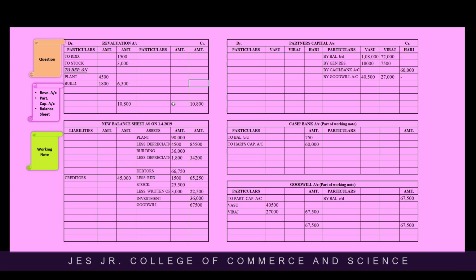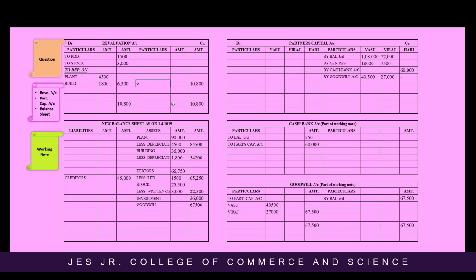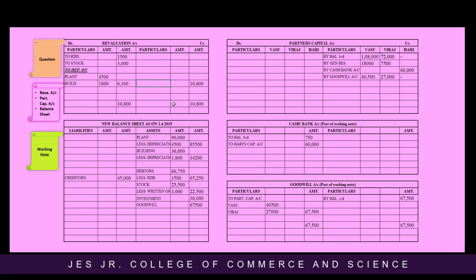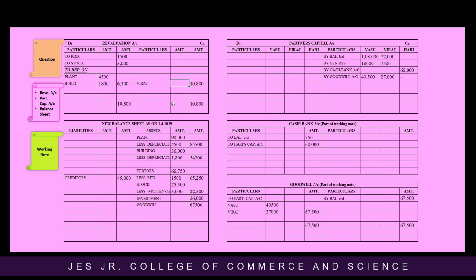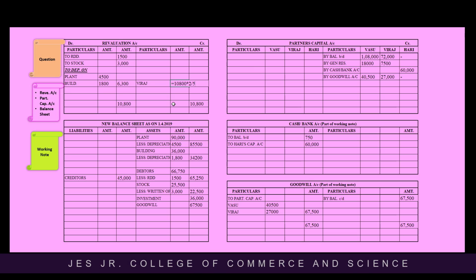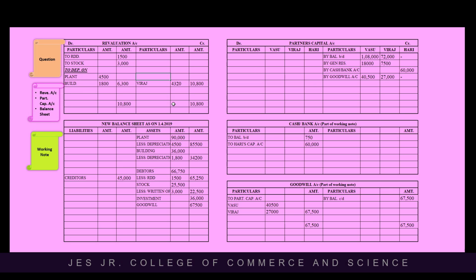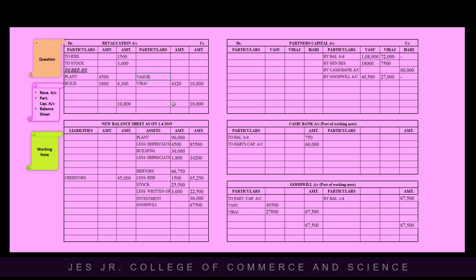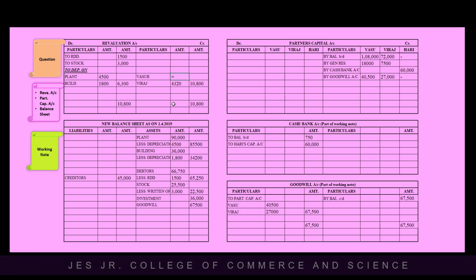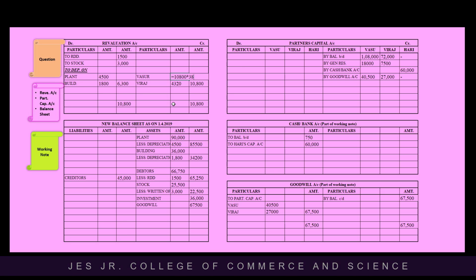Okay, this 10,800 loss has to be divided among partner Vasu and Viraj. 10,800 into 2 upon 5. और ये है वासु. वासु का भी सेम वे. 10,800 into 3 upon 5.